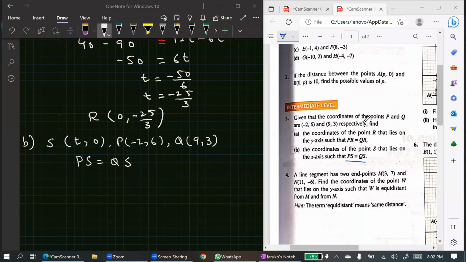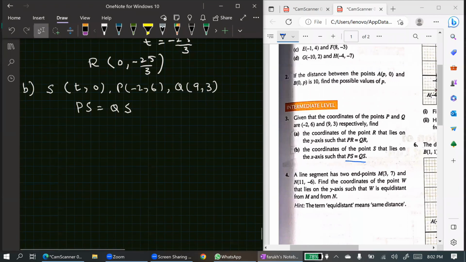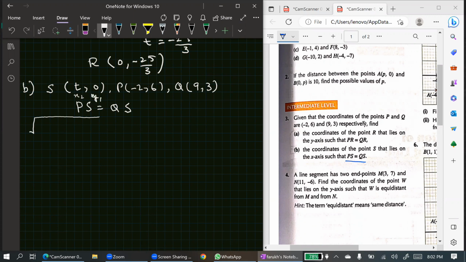Now we will apply the distance formula on PS. X2 minus x1. We will name these as x2, y2 and x1, y1.